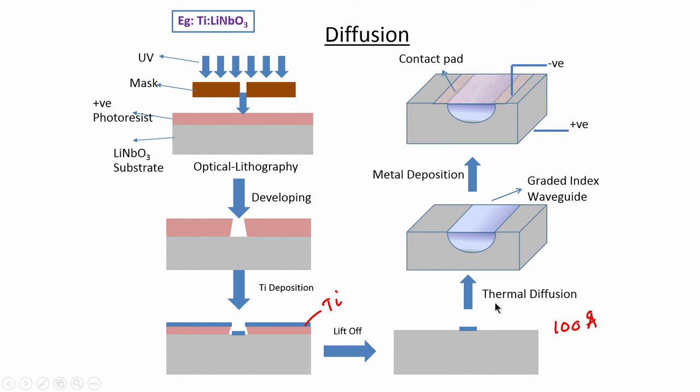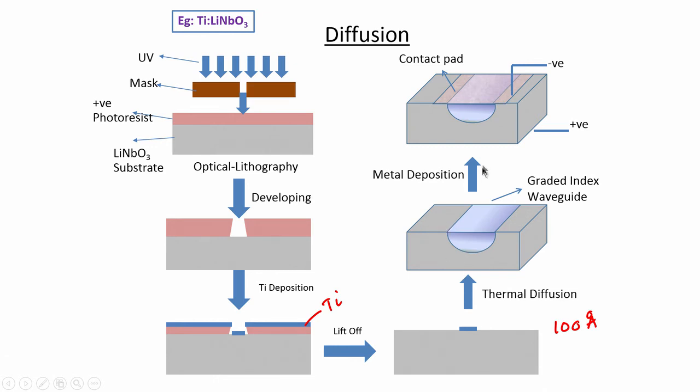Now, this process is called thermal diffusion. You put the wafer in a furnace with controlled temperature, and allow it to diffuse. The final result is a diffused optical waveguide like this. Once again, this also results in a gradient index optical waveguide in lithium niobate.